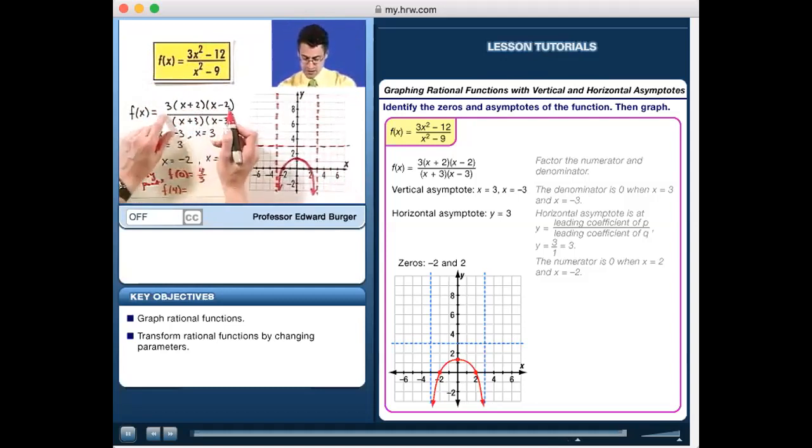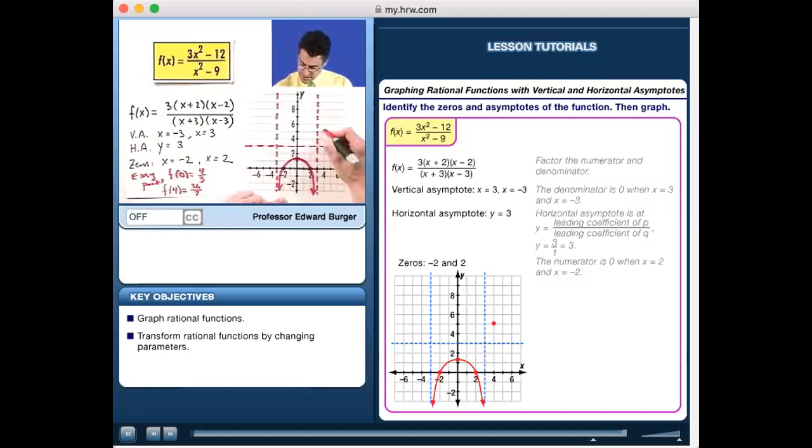Then 12 times 3 is 36, divided by, if I put a 4 in here, 4 minus 3 is 1, and 1 times 4, and this is a 7, so I've got 36 over 7. What is that roughly? It's like 35 over 7, so it's a little bit bigger than 5. It's actually 1/7 bigger than 5. So here's 4, here's 5, it's a little bit bigger, so I get a point right here.